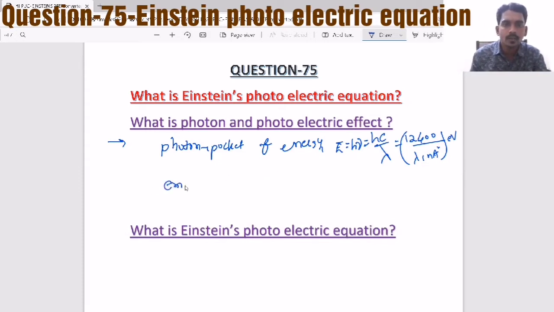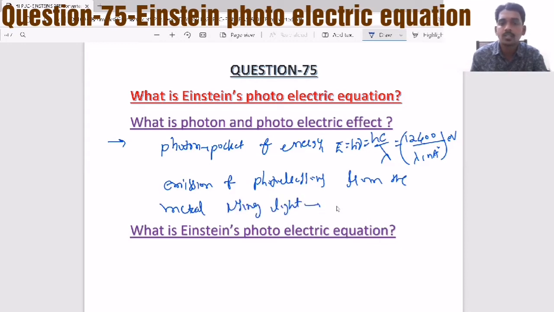And emission of photoelectrons, or emission of electrons from the metal using light, is called the photoelectric effect.